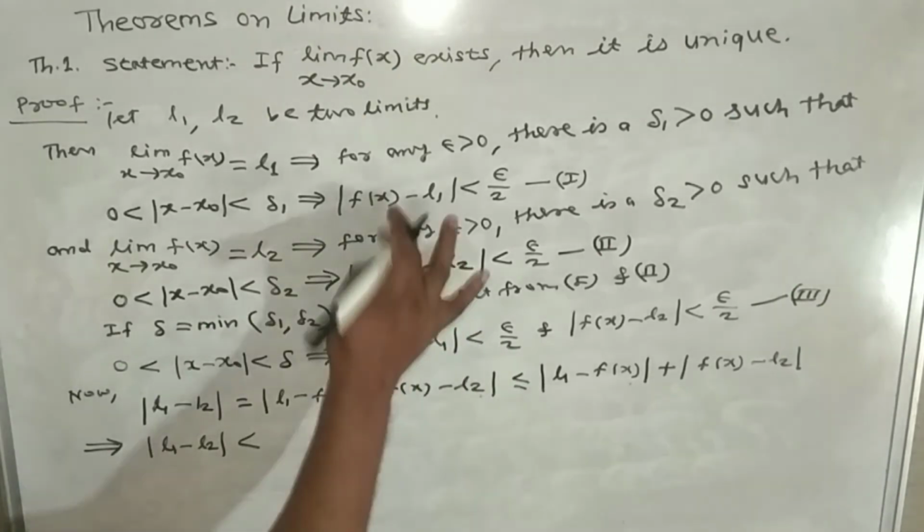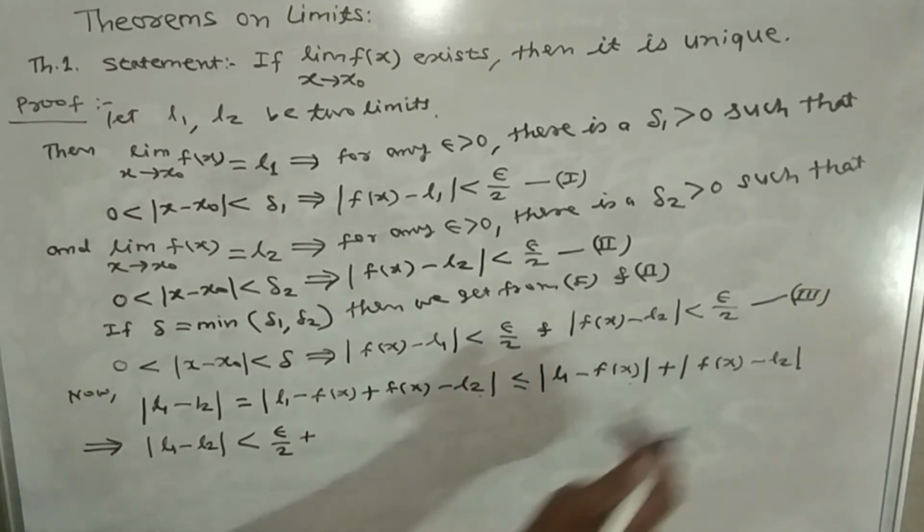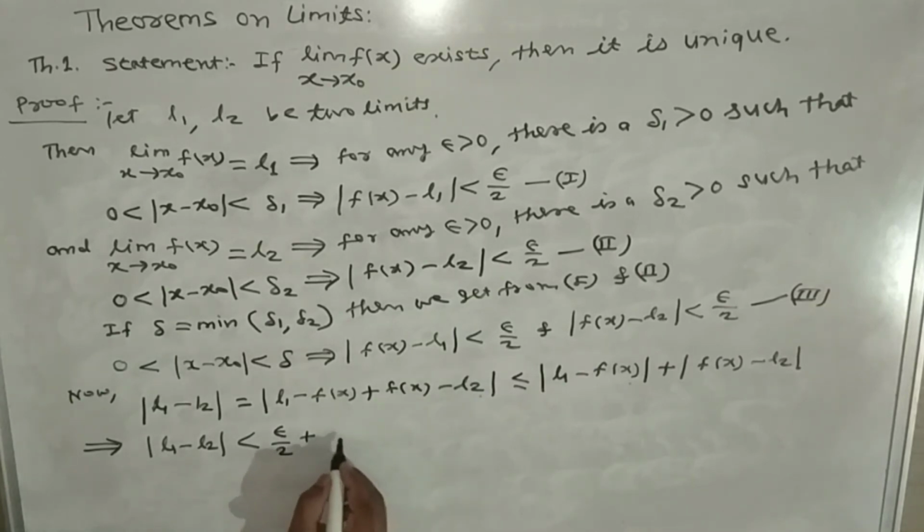So this is the same, in the mod minus x is equal to x. So this is epsilon by 2, plus mod f of x minus L2 is also epsilon by 2.